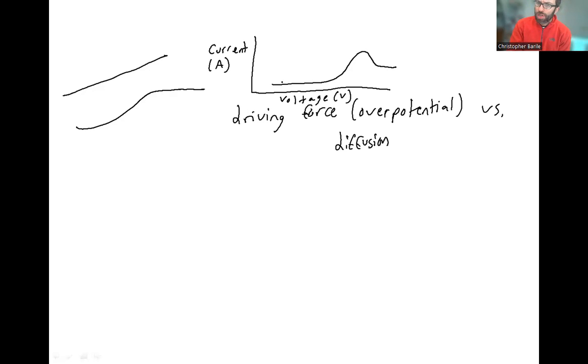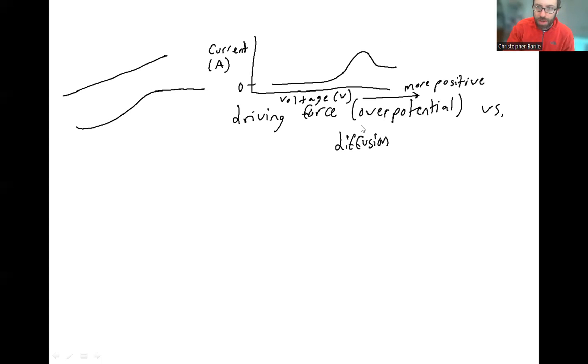So if we're getting positive current here, let's say this is a value of 0, this is a positive current, and we're going to more positive voltage values. We're favoring oxidation. That's what happens in a CV.